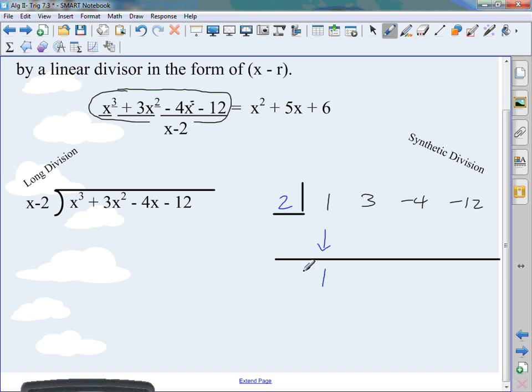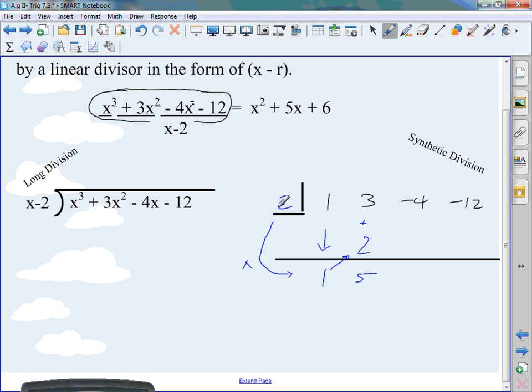2 times 1. Put the 2 there. So 2 times 1 gets me 2. What's 3 and 2? Adding, 5.